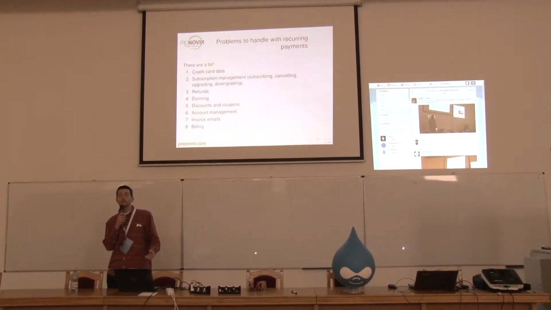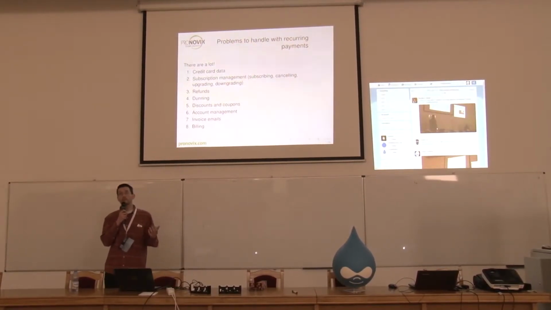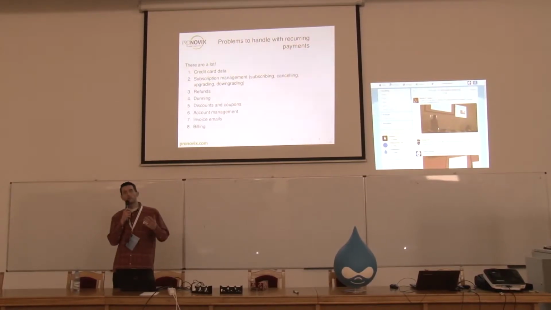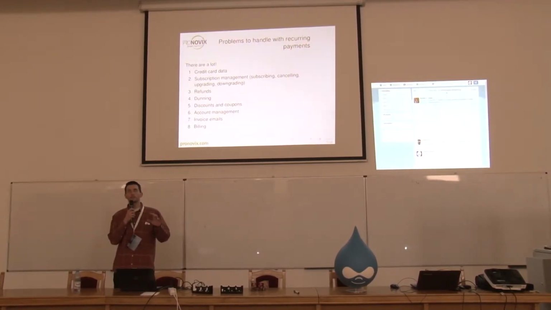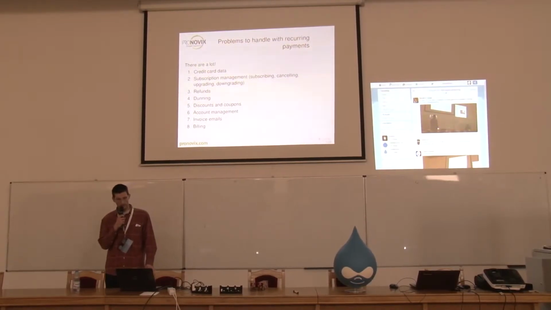And usually you don't want to just cut the subscription in these cases, because then you lose the customer very easily. You want to warn him first, and then there's a process that needs to be handled in these cases.